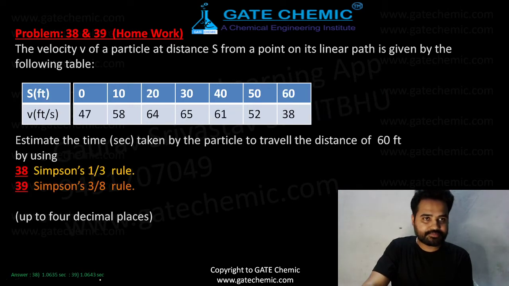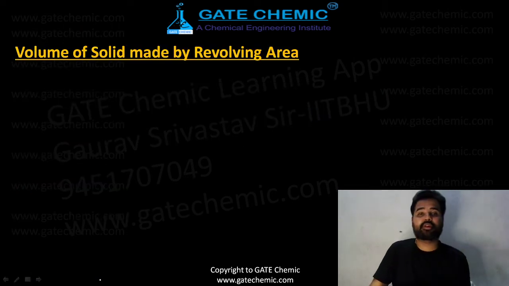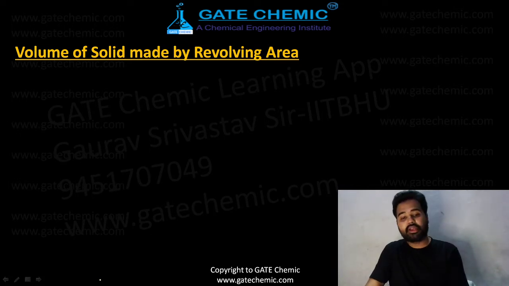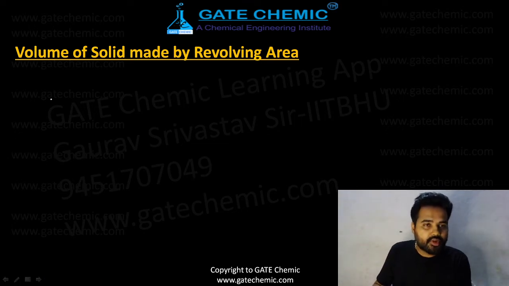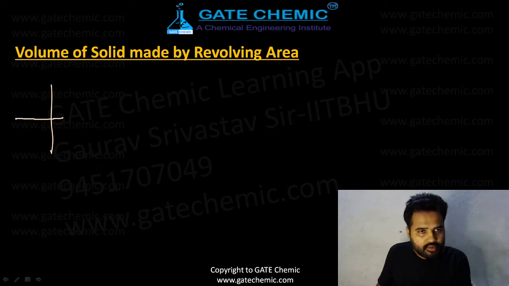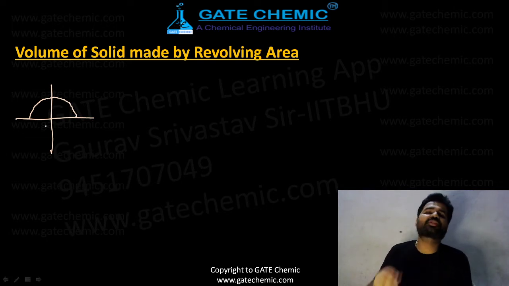Now see here another very beautiful topic, that is volume of solid made by revolving area. What is this, beta? Suppose this is the area I want to calculate, and I can calculate this area by using Simpson's one third rule.